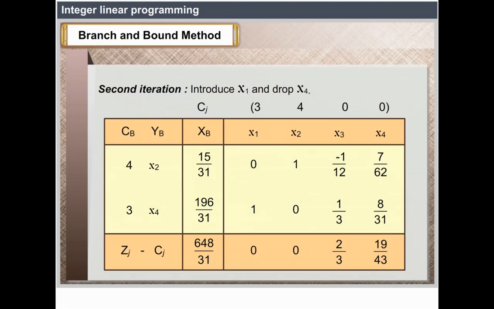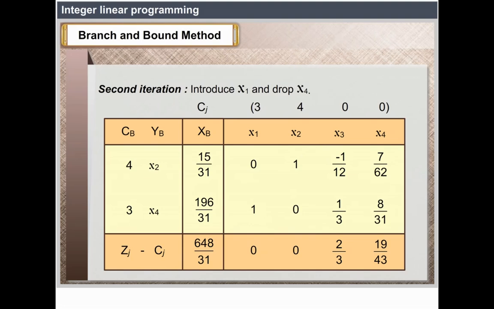Second iteration: introduce x1 and drop x4. The simplex table is CB, YB, XB, x1, x2, x3, x4. Now we have to complete the table. First row: 4 for CB, x2 for YB, 15 by 31 for XB, 0 for X1, 1 for X2, −1 by 12 for X3, 7 by 62 for X4.